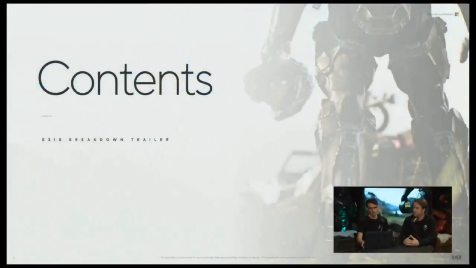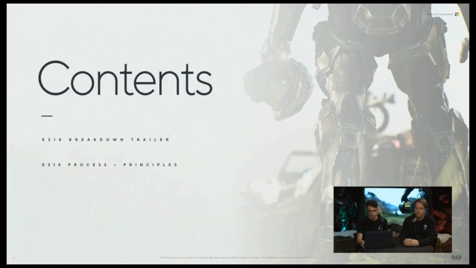Let's do this. Yeah, so again, we are not showing anything new. The next thing that we will see right after this slide is a breakdown of the trailer. It's basically from start to finish, the trailer at different points through the development of the trailer. And I'm going to go through what we were thinking before anything was even made, how we reevaluated what we wanted to do in our first steps showing anything related to Infinite.